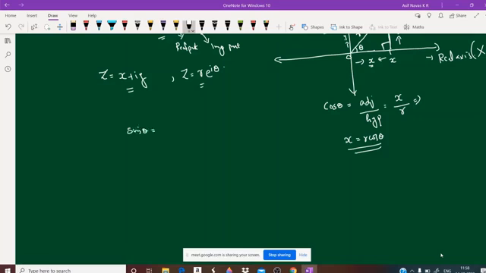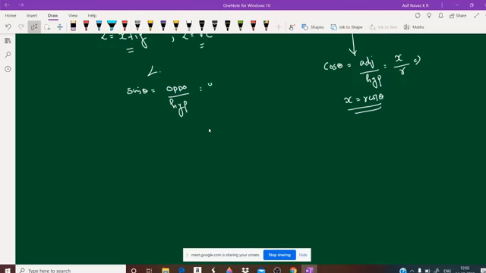Sin theta is equal to opposite side by hypotenuse. The opposite side is y, the hypotenuse is r. This implies y equal to r sin theta.